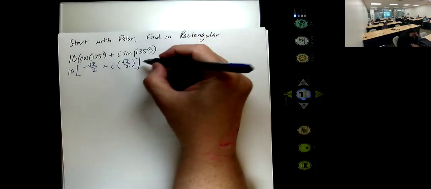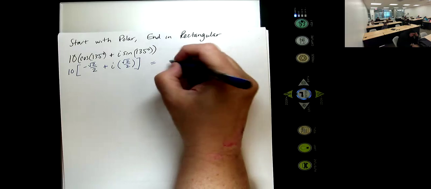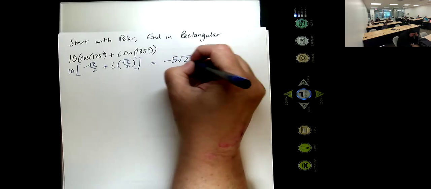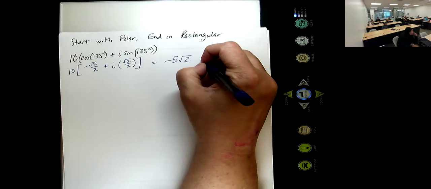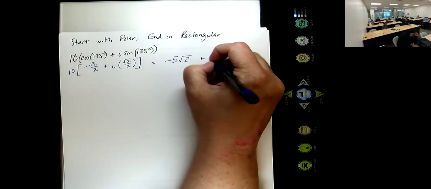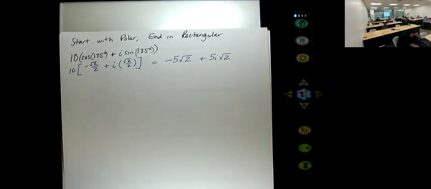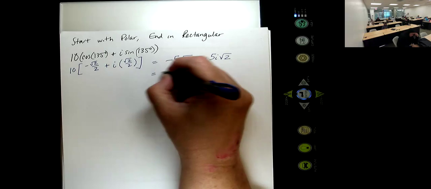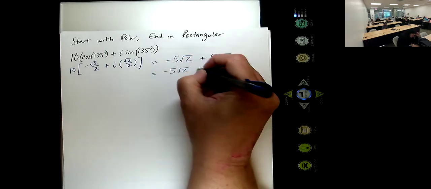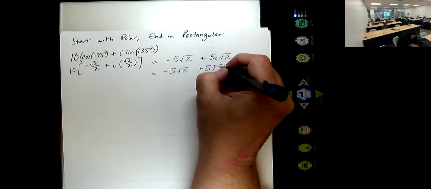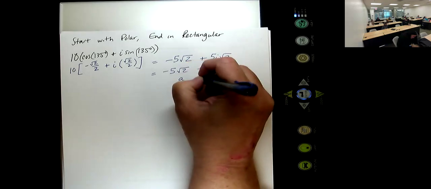So if I distribute these, I'm going to get negative 5 root 2 plus 5I root 2. Some books you'll see this written with the I at the end, that way it looks more like an A plus BI.